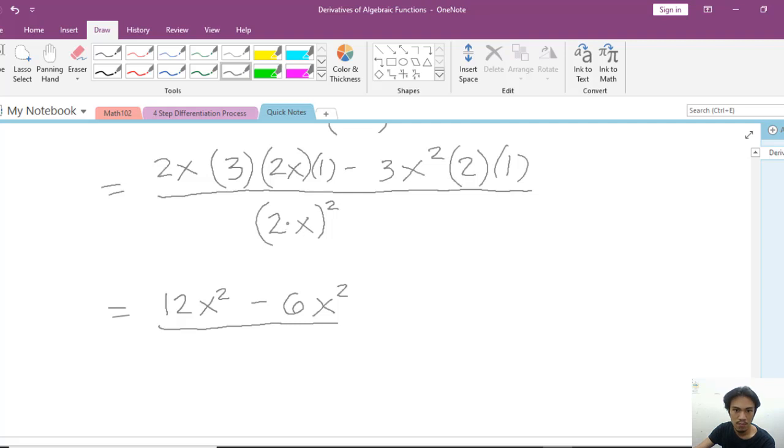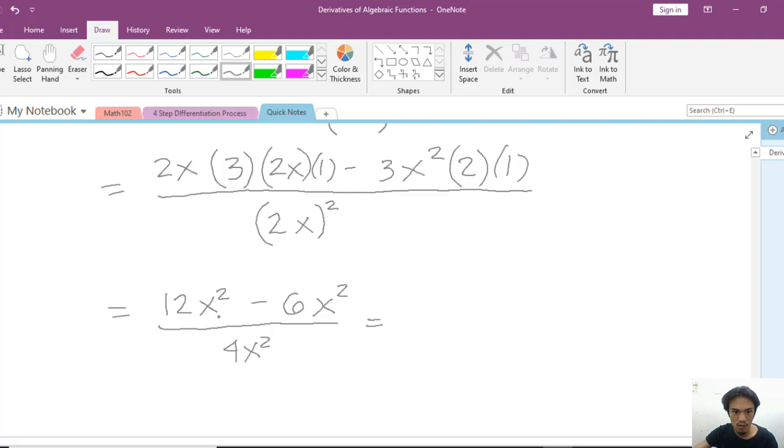Take note that 2 is inside the parenthesis, and that whole expression is raised to 2. So this will be 2 raised to 2 is 4, and x raised to 2 is x squared.